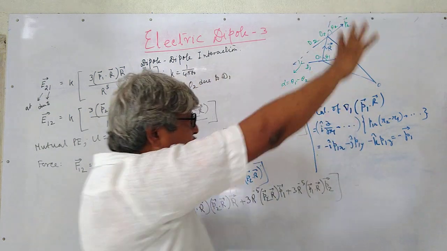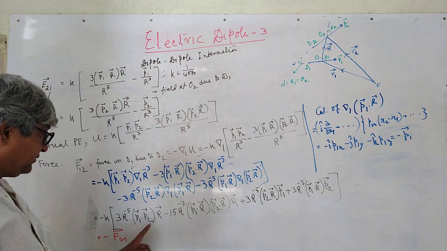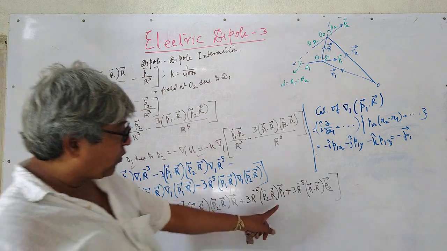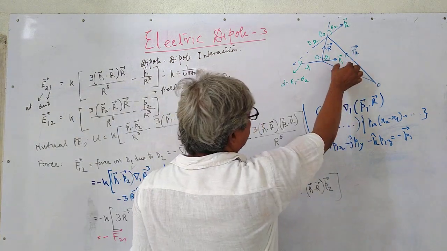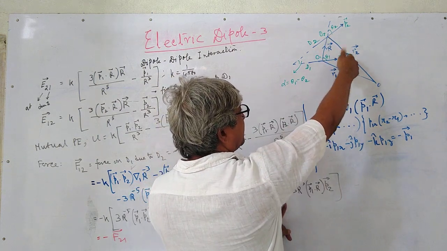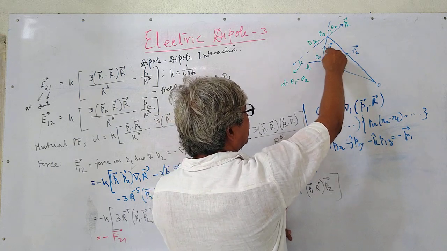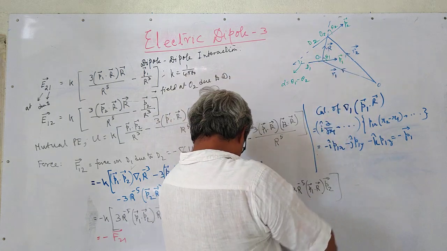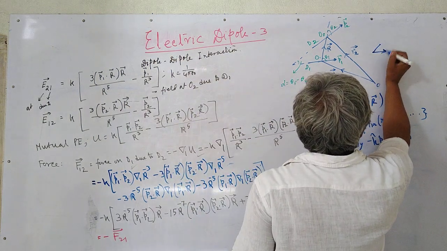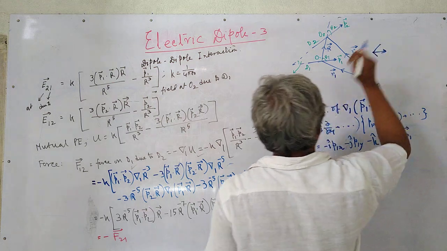If we assume the dipole to be in the plane, then these two are in radial direction, but P1 has a component; this term when multiplied by cos theta gives the radial component, and when multiplied by sin theta gives the cross radial component. P1 has two components, this is P1, it will be its radial component, and it will have a cross radial component in the negative direction.